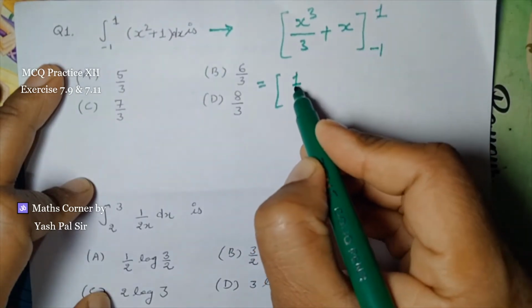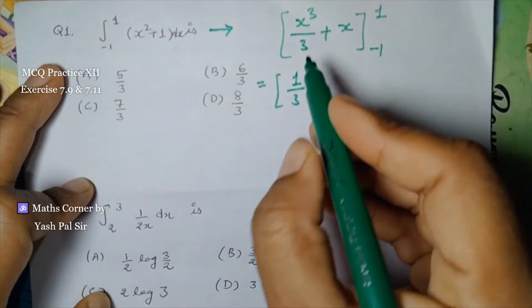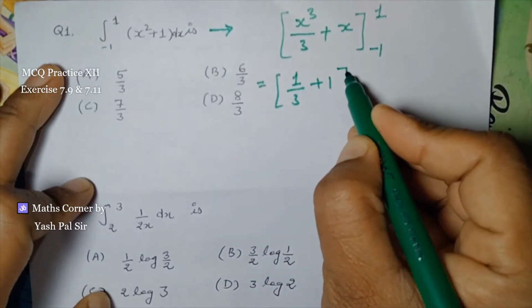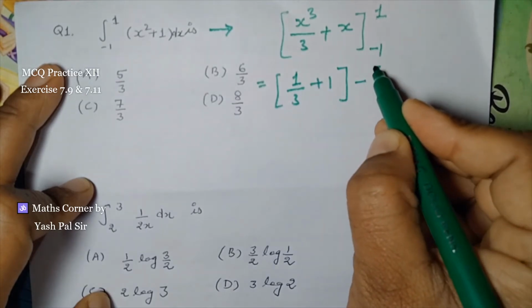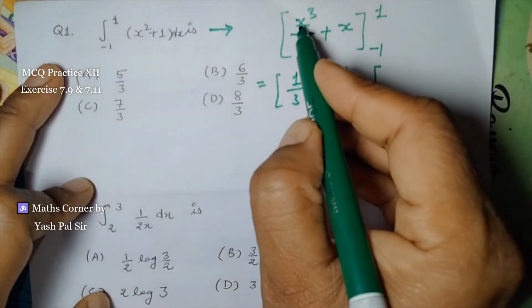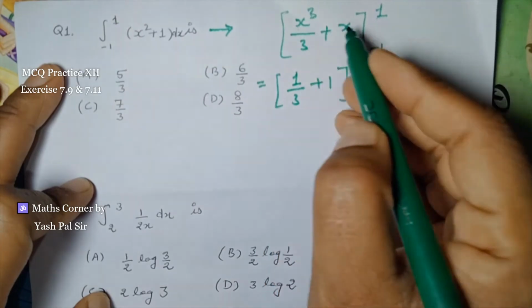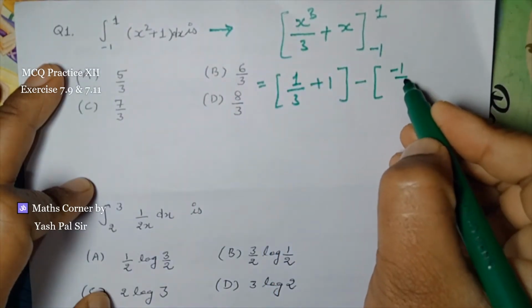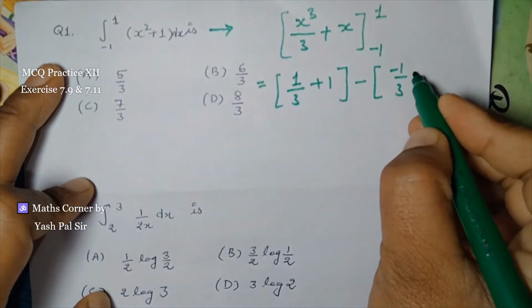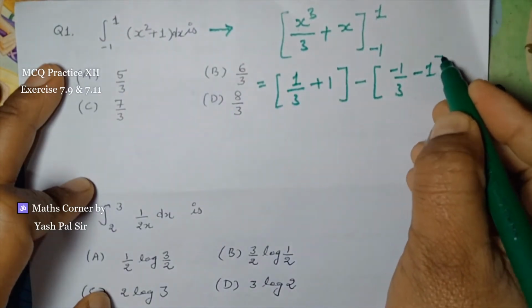This becomes 1 upon 3, 1 cube, that is 1 upon 3 plus 1. Thereafter minus sign by default. In place of x we substitute now minus 1. Minus 1 raised to power 3 is minus 1 upon 3 plus x, x meaning minus 1. So this is minus 1.